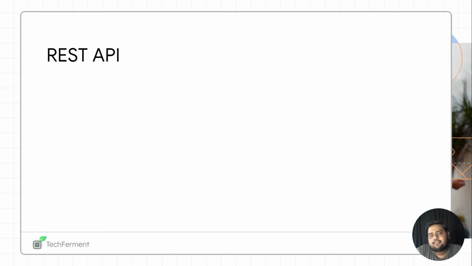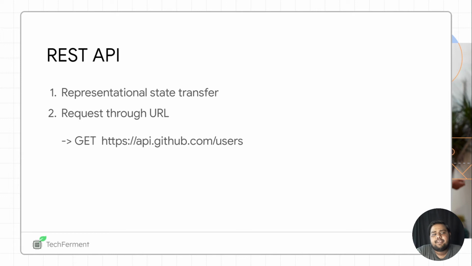So as I told you, these HTTP requests like GET, POST, PUT, DELETE, and UPDATE are also called REST APIs. So what is a REST API? REST stands for representational state transfer. This is the full form, and we can call the APIs.